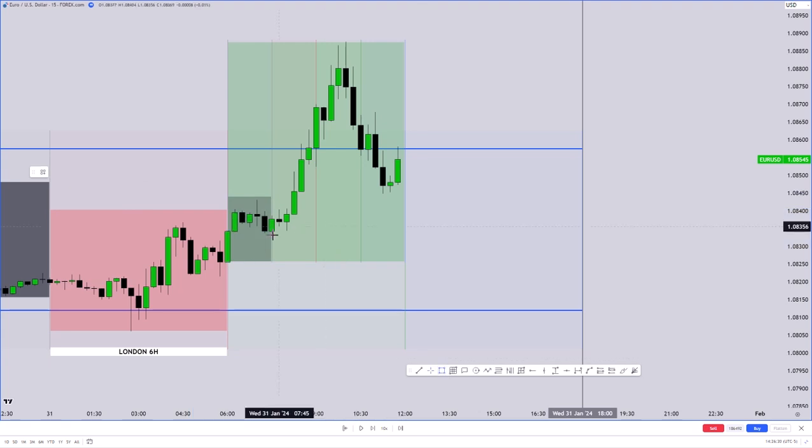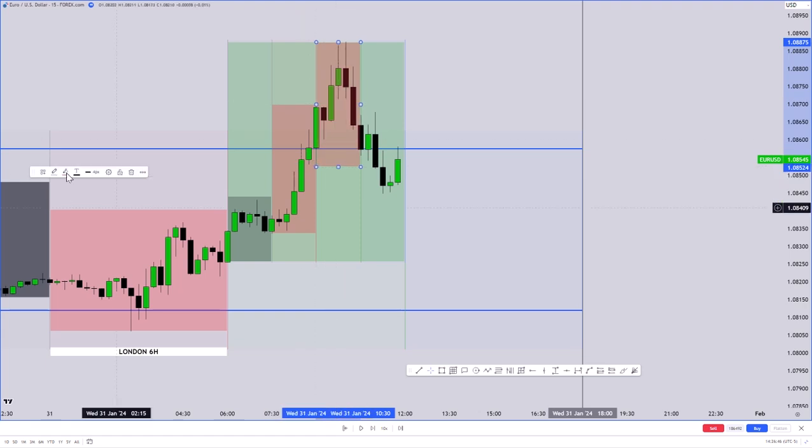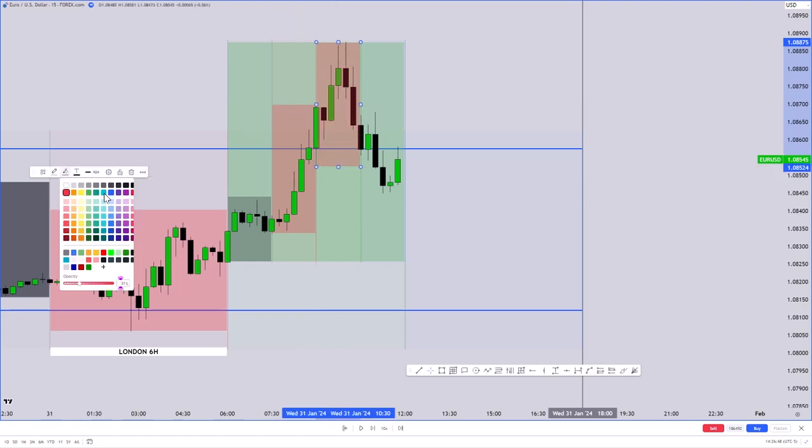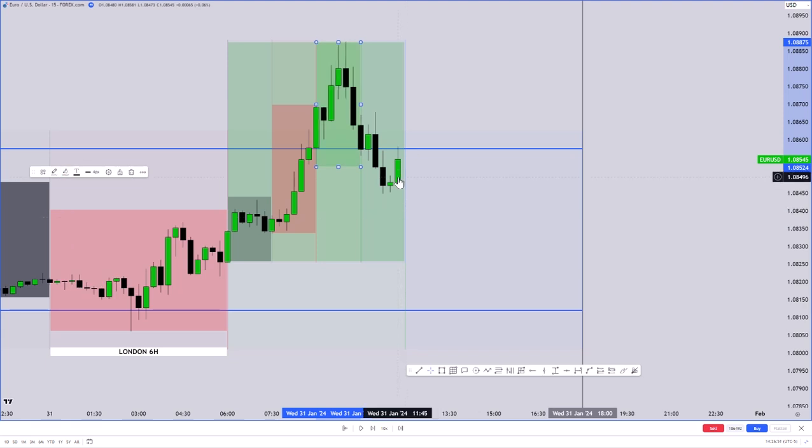And also, another key factor you want to focus on for this specific type of price delivery, right, is the fact that Q3 has swept Q2's high, right? So you would initially divide this range into quarters and then go into a lower time frame, like the 1 minute. And what you will see is the same principles.